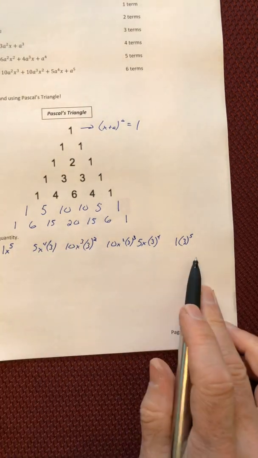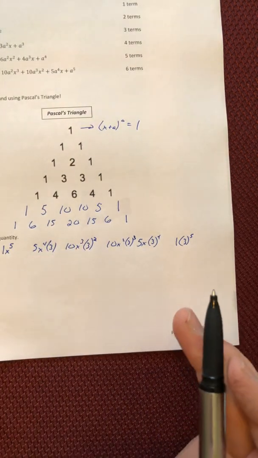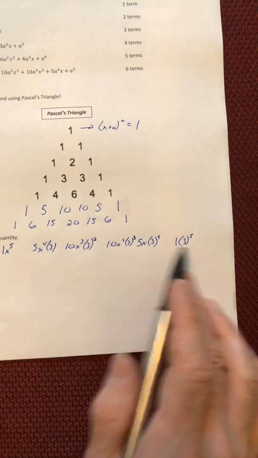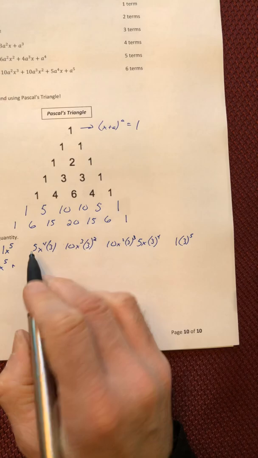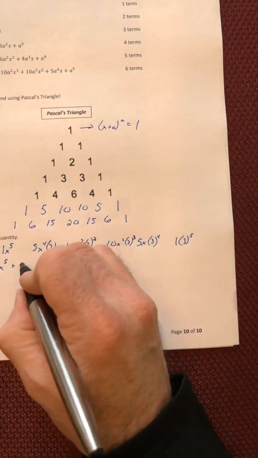And then after that, just work out the arithmetic for each term. The first one is just x to the 5th. Second one, 5 times 3 is 15.